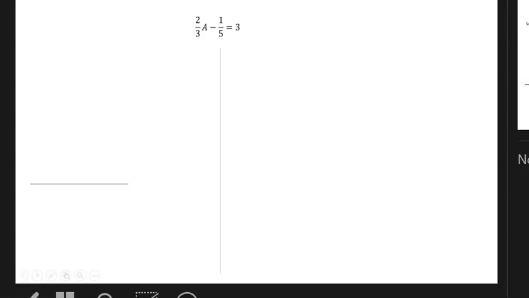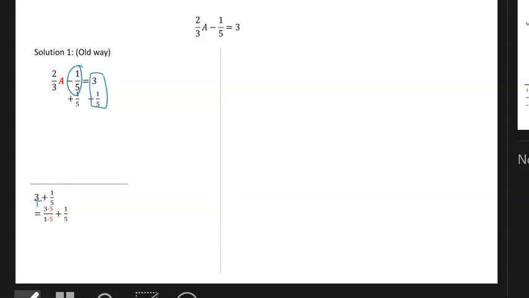So there are 2 ways, and the older way is to get rid of -1/5 by adding it. How do we add 3 and 1/5? We're going to have to get the common denominator 5 and put a 3 over 1.